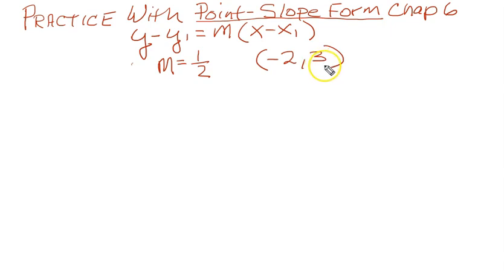So what we'd like you to do right now is to take this slope and this ordered pair, and write right below here the substitution of these into the point-slope form. So you're going to put that right here on some paper.